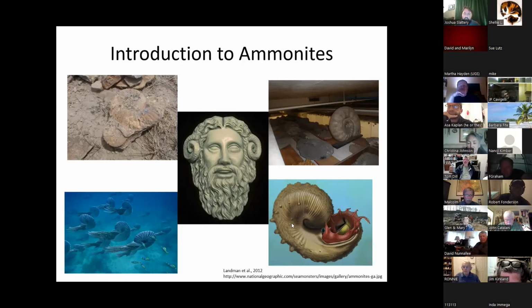I put a couple of reconstructions of ammonites from the late Cretaceous on here. Right here you have a reconstruction of Placenticeratidae, and right here a reconstruction of a Scaphitid. Most people, when they draw or reconstruct ammonites, reconstruct them as just a squid in the shell. Ammonites were not just squids in shells.